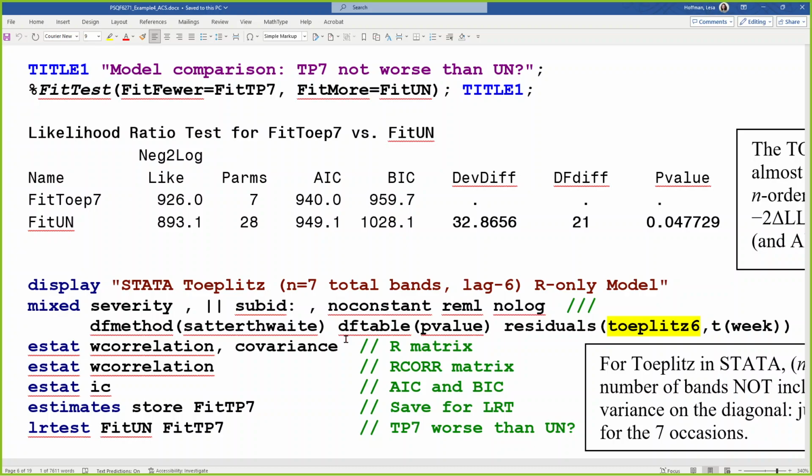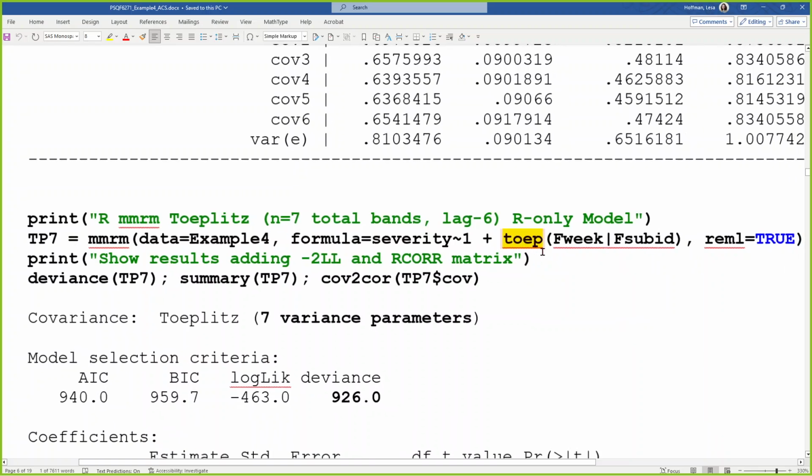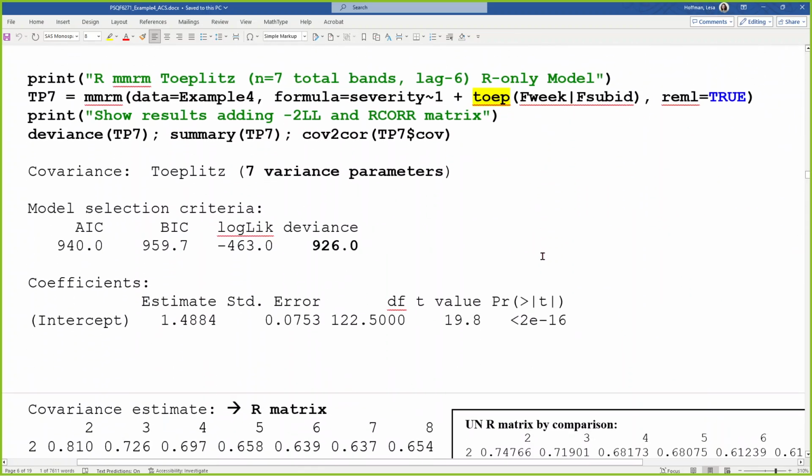This is the homogeneous case, but I can see where you're going because that's what's happening next. It's like, well, it's barely worse. Can we eke that over onto the other side and call this good enough? Well, let's see if the variances want to be different. Let's try that. It's a reasonable thing. Now, finding that is another question. In R, it's just TOEP with no number. It just means the full thing.